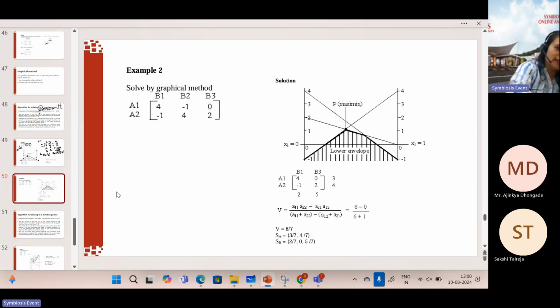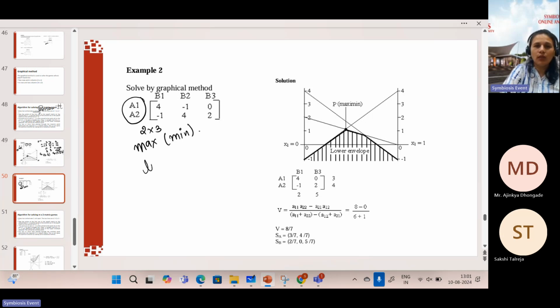Now if I go by this example, I can see this is again 2 cross 3. That means I need to work corresponding to the player A. If it is a player A, then it is always maximization of all your minimums. That means I need to find the lower area, and for my lower area, whatsoever is the highest, I'm going to take it, right?